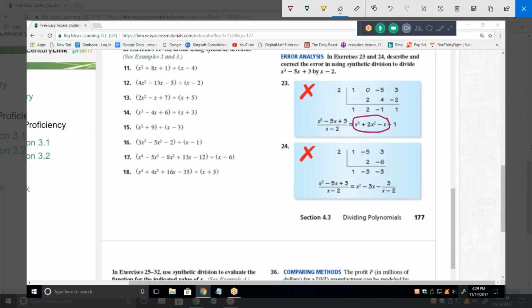That's the first thing you have to discover. Oh, so the x in the original equation says x to the third. It's supposed to be x squared. Well, no, that's not the mistake. In other words, you can certainly divide x to the third by x minus 2. But your answer is going to be a quadratic. So this has to be x squared. Oh, is that what you meant? Oh, yes, it is what you meant.